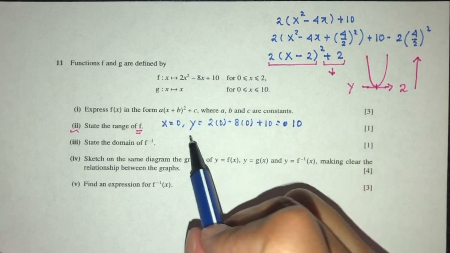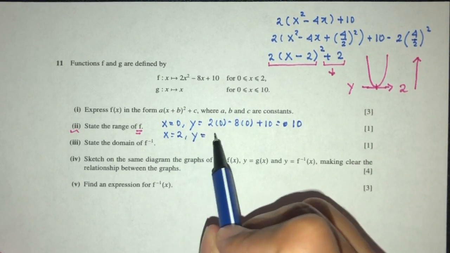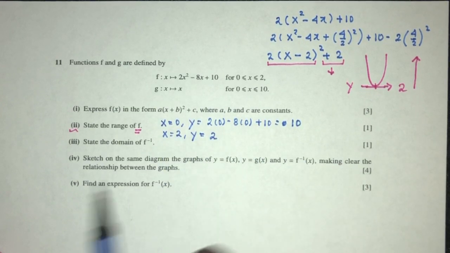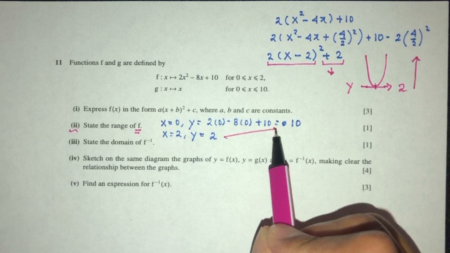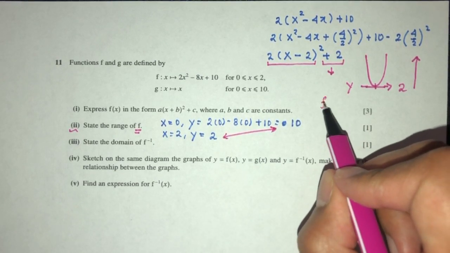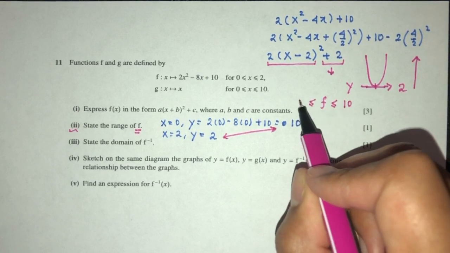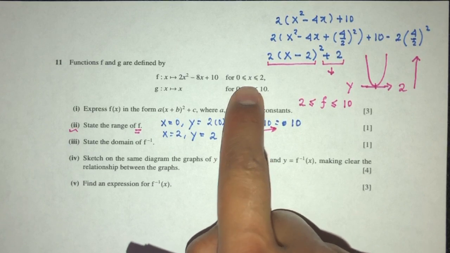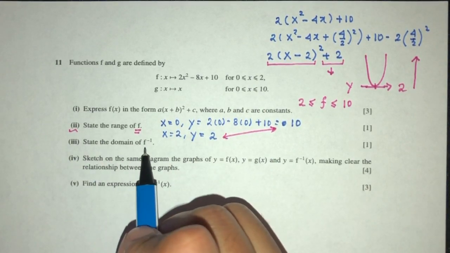And when the value is 2, y will have to be 2 as well. So you can see the limit is between this one. So f is between the values of 10 and 2 because of the restriction we have for the x values.